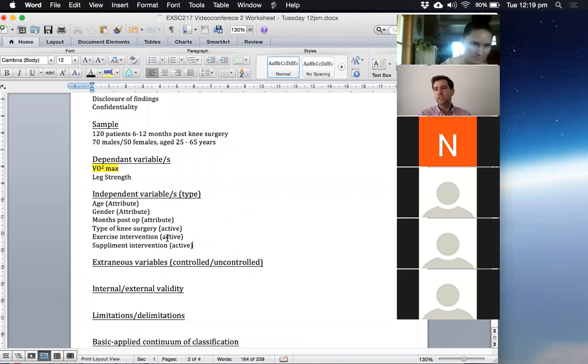Now, what you'll notice in full journal articles or in larger experimental studies is that they tend to have more than one independent variable. They usually have a number of different dependent variables and maybe more than one independent variable, and you can see that the analysis gets quite complex. In our group research projects this semester, I'd encourage you to have maybe one dependent variable and one independent variable to keep it nice and simple.